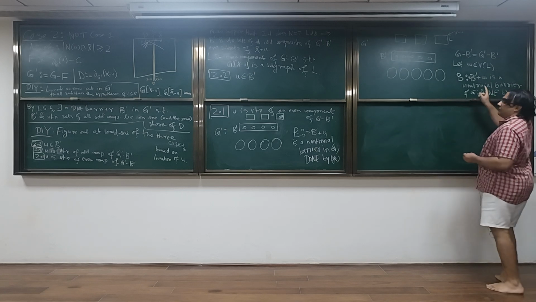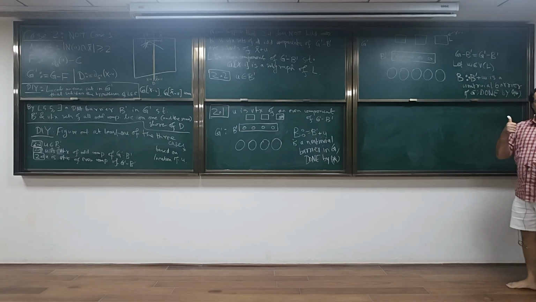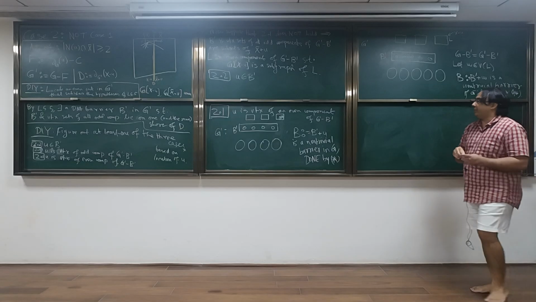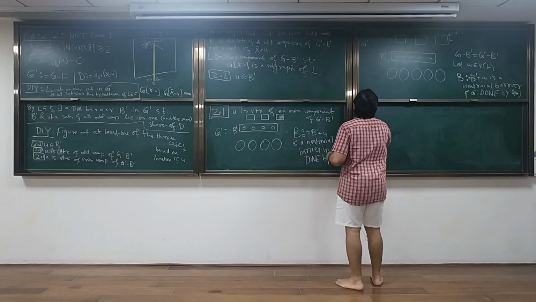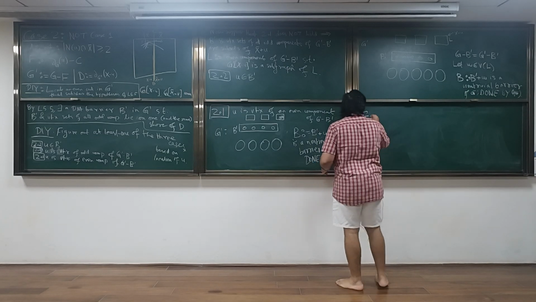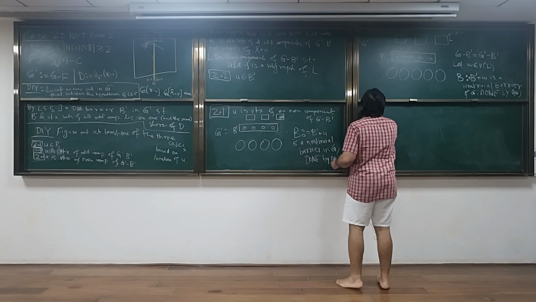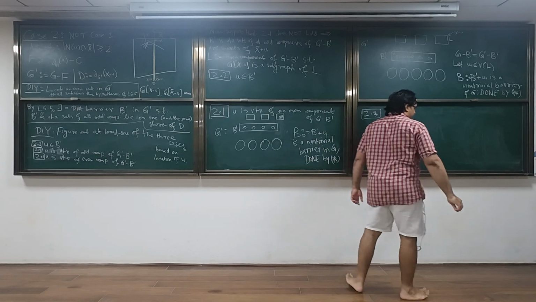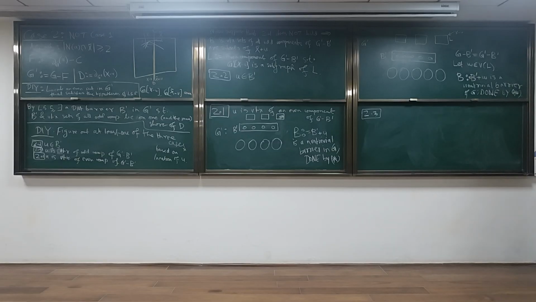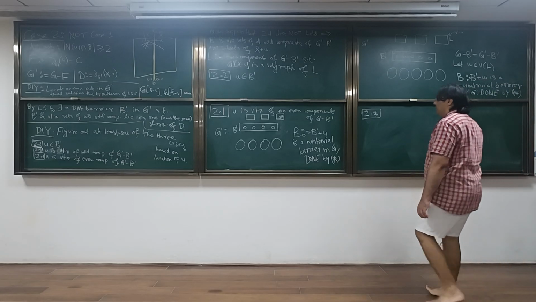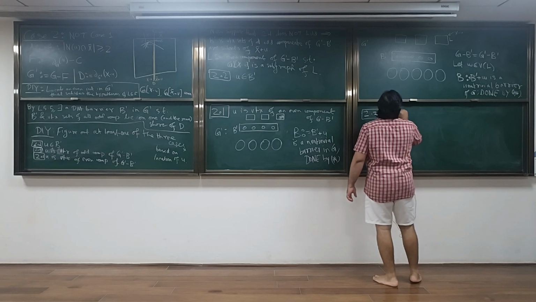Okay, so we are done here also. Everybody agrees? All good? So we are now left with 2.3. U is a vertex of an odd component.